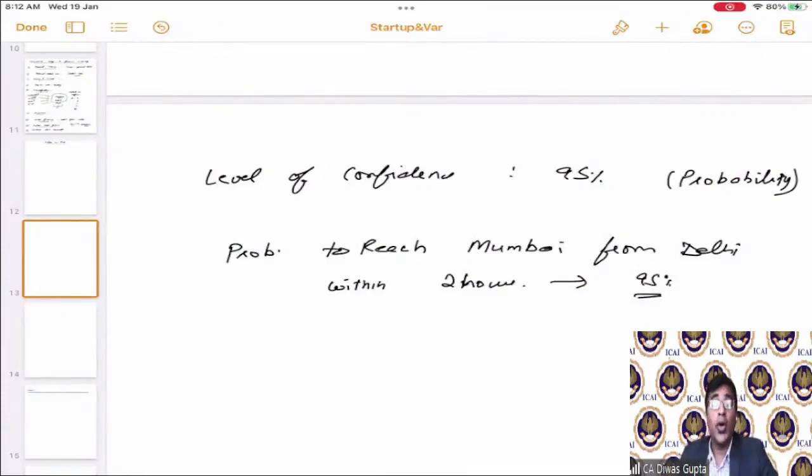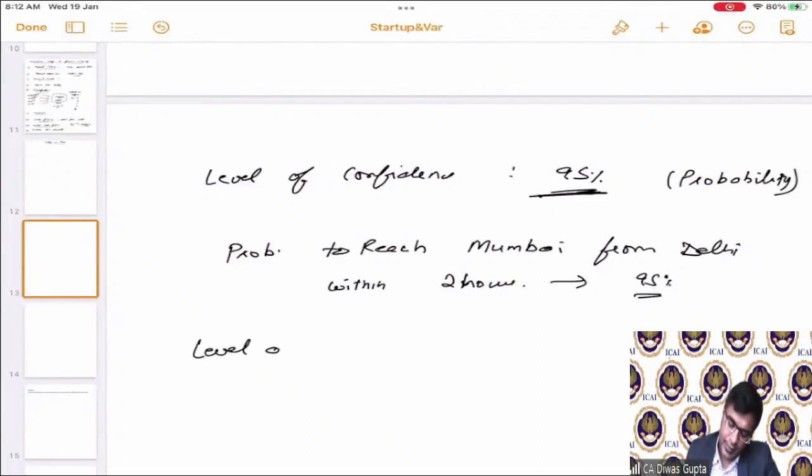That means we are confident to the extent of 95% that in 2 hours we will reach from Delhi to Mumbai. That is called the level of confidence. So level of confidence means the probability percentage of that particular thing happening. I hope I'm clear. I am confident that I will reach Mumbai from Delhi in 2 hours. That is called the level of confidence.